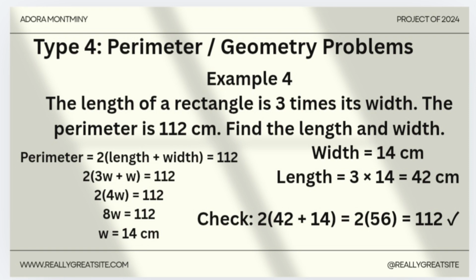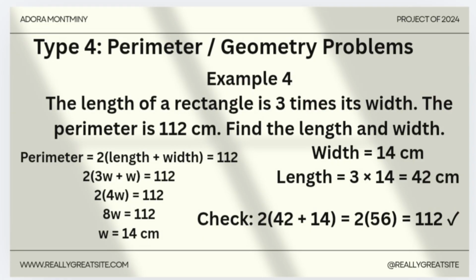Then 2(3W + 1W) = 112. Then 2 times 4W = 112. Then 8W = 112.